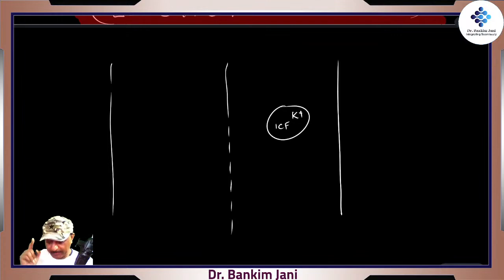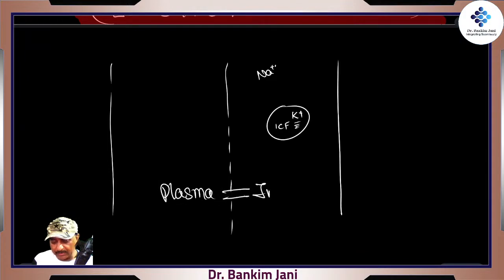Okay. The point over here is that there is a large amount of potassium inside and a large amount of sodium outside, and they are coming inside. So there is a huge potential difference between the extracellular fluid and the intracellular fluid, right? So over here, the plasma, we can say, is equal to interstitial fluid, right?